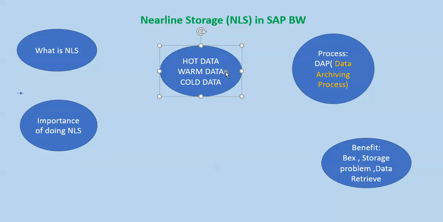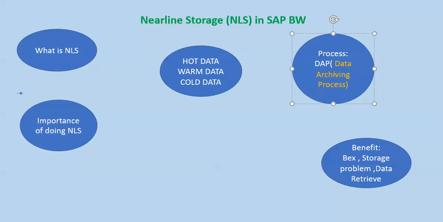Now I'm coming to another part, the process, how it is done. There is a term called DAP, the data archiving process. It is just like DTP. With DTP, you transfer data from one target to another target.